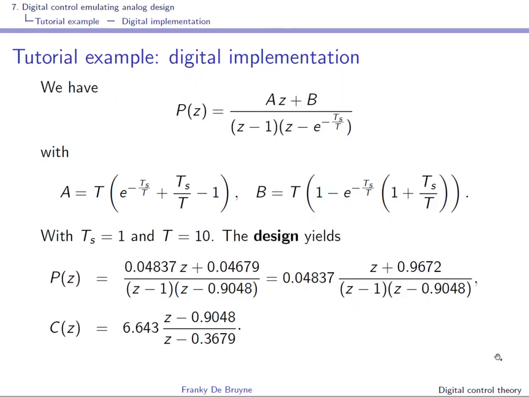This is the zero order hold equivalent description of our process, with the exact expressions of a and b as a function of the sampling period and the time constant. So if we replace Ts by 1 and T by 10 seconds, this is the equivalent description that we obtain for the process.